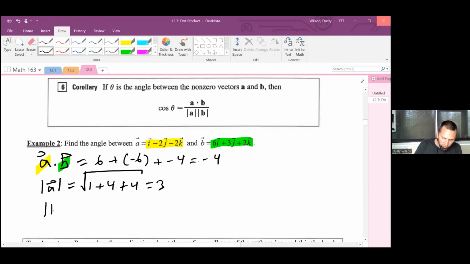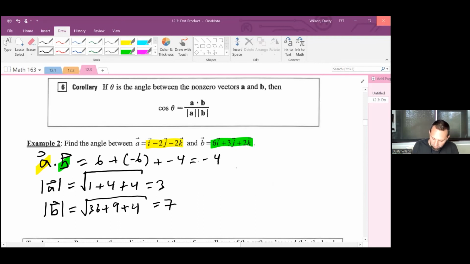And the magnitude of B is equal to the square root of 6 squared, which is 36, plus 3 squared, which is 9, plus 2 squared, which is 4. And all this is the square root of 49, which is 7.